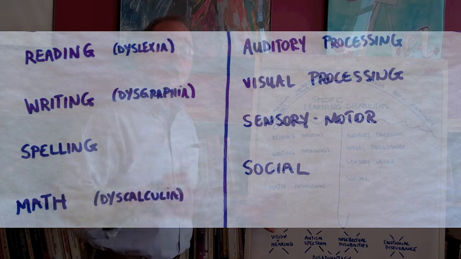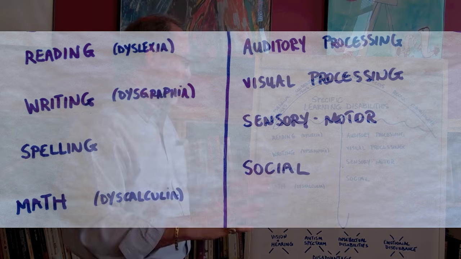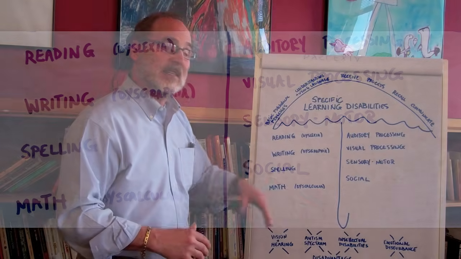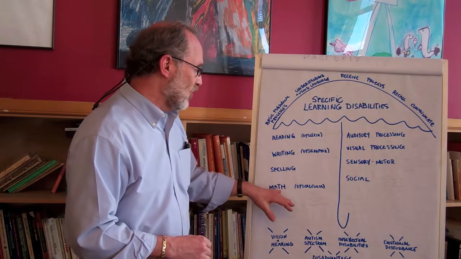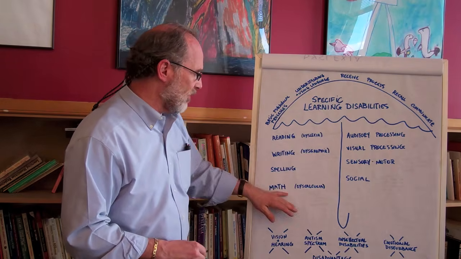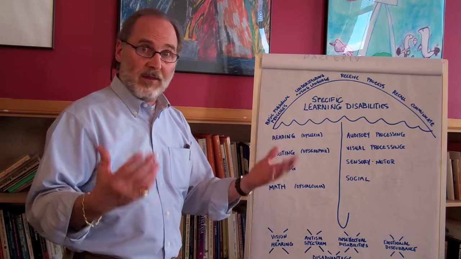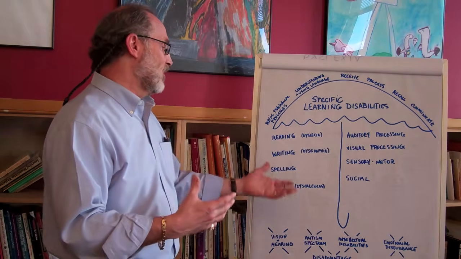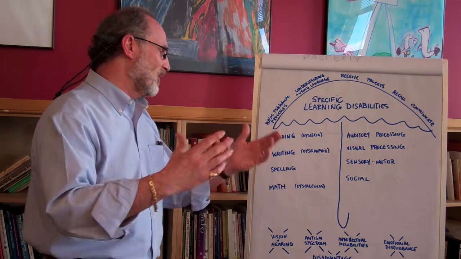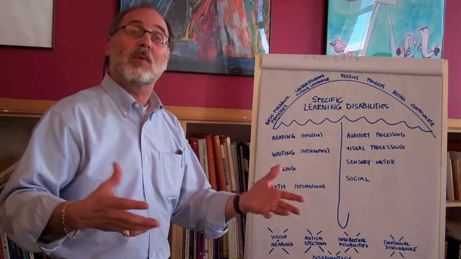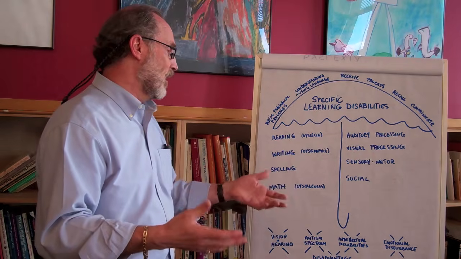And math, also a learning disabilities category, is often called dyscalculia. And dyscalculia, or learning disabilities in math, involves not just one thing. Again, it's not just counting, but it could involve the fluidity and flexibility of how a person operates within the counting and numbers domain.